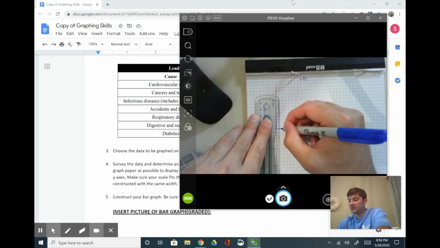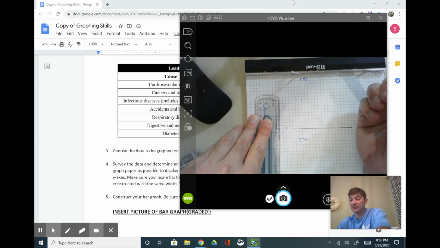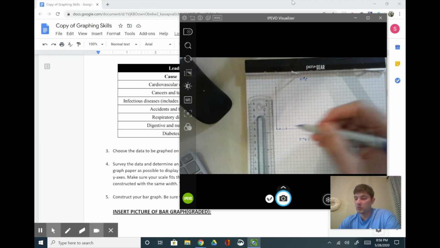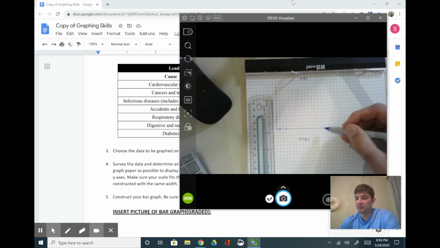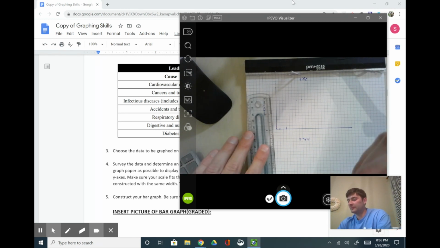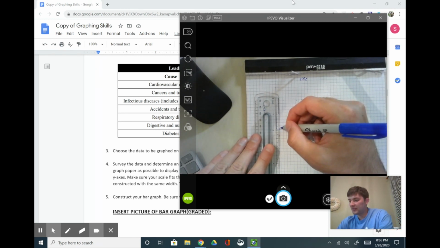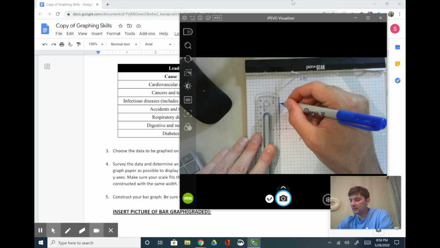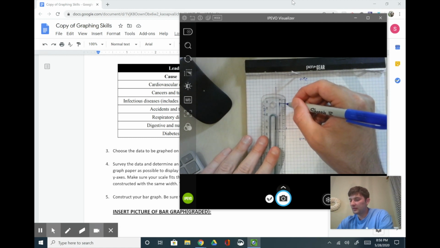But I will say this, and this is another mistake that my students like to make: they do really well because they use notebook paper and they measure and make really good marks, but then they will not use the ruler to make that line. And when you do use it, it does make a difference.